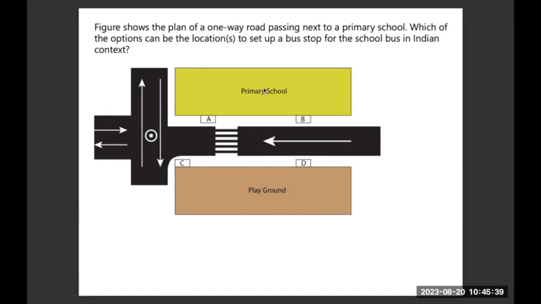The Indian context will tell us on which side the driver will be and on which side the exit of the people will be for a bus. That's why this is extremely important. In this case, you are given four tentative positions for a bus stop, A, B, C, D. You have to find the most appropriate position for the bus stop location.